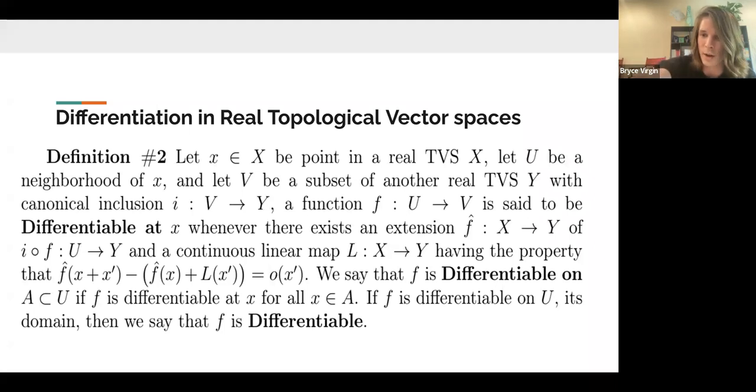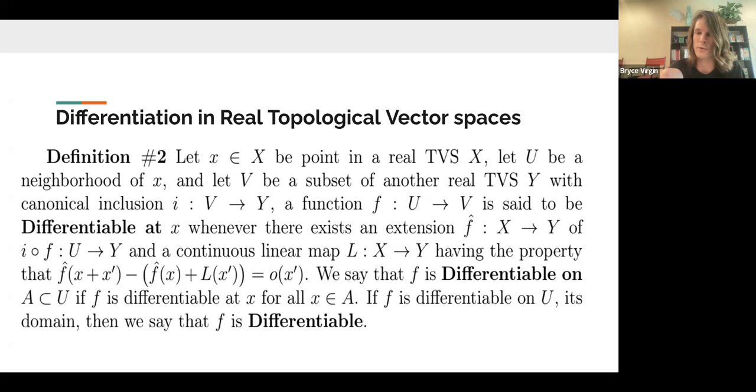Then the question we ask, to see if f is differentiable at x, is whether or not there is a continuous linear map such that this expression right here, the difference between our function at a spot plus something presumably small, but it doesn't necessarily have to be, minus its linear approximation, is a little o function. If this is the case, we say that f is differentiable.